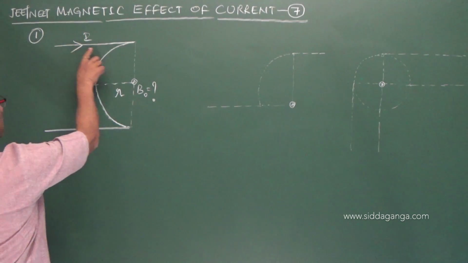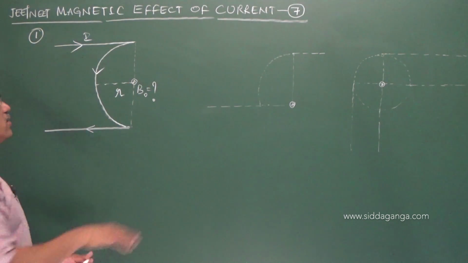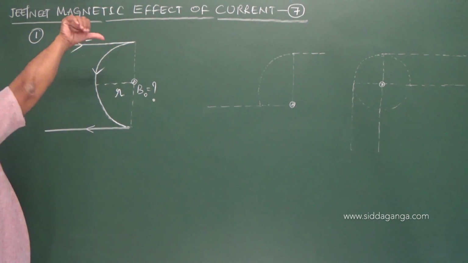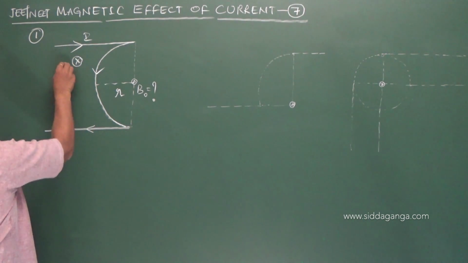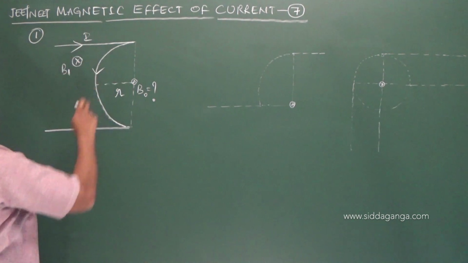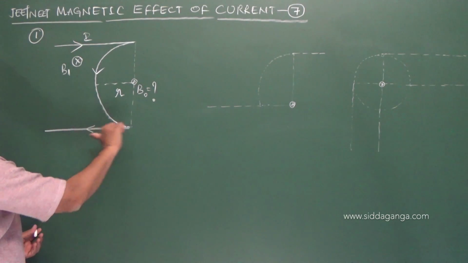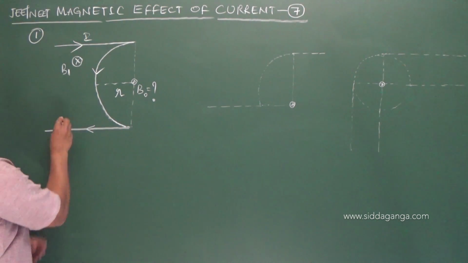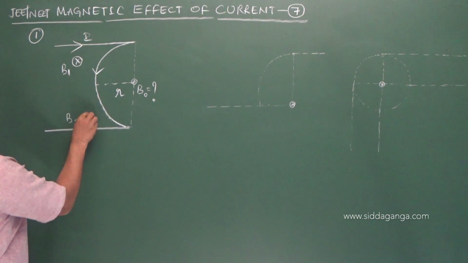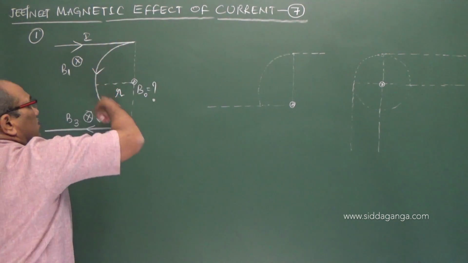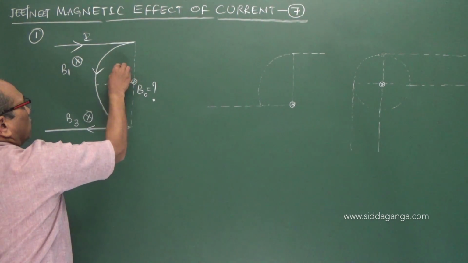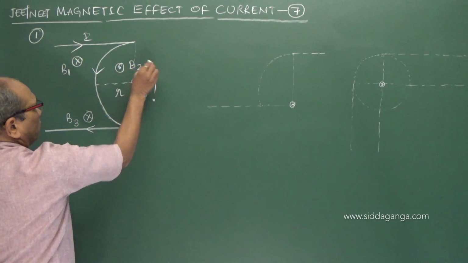So this current produces the magnetic field. If you look into it, the field B1 produced at this point is into the board, this also into the board, see the arrow mark according to the right hand clasp rule. B3 is also into the board, but this is anti-clockwise, so it is out of the board, B2.